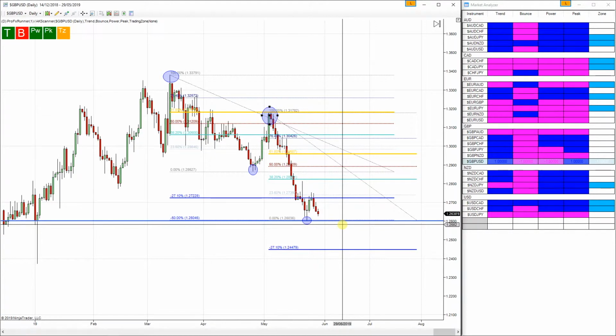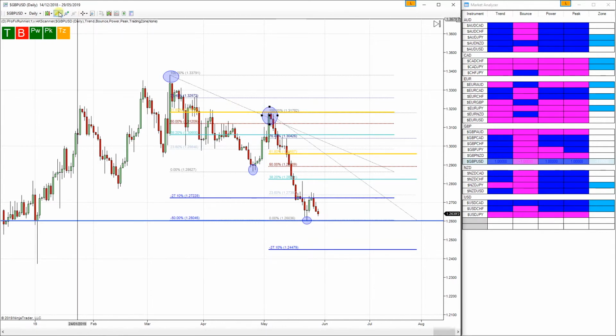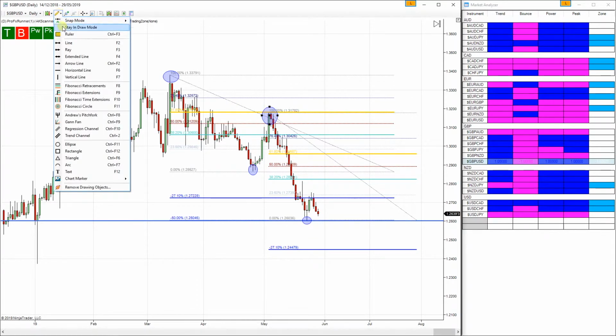There's one other thing that I want to mention, which is the premise that markets aren't random, that they do work in mathematical levels. I can demonstrate that again here. I call this the ABC pattern.